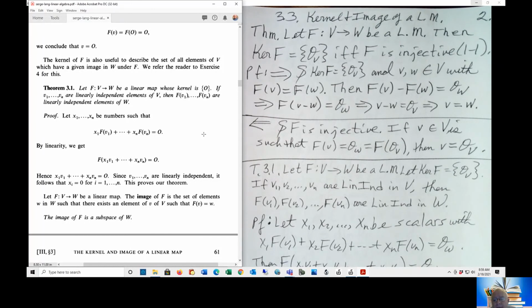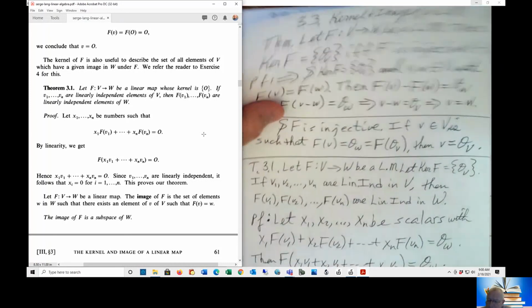If v1 through vn are linearly independent in V, then the images f(v1) to f(vn) are linearly independent in W. So in other words, when the kernel is trivial, which means that it's one-to-one, then the mapping preserves linear independence. If a set of vectors are linearly independent in V, then their images are linearly independent in W.